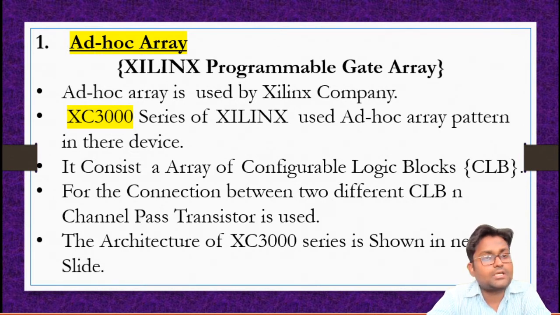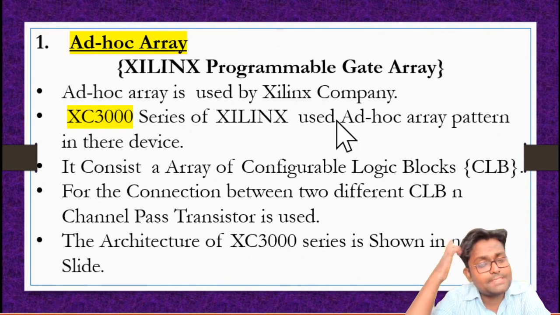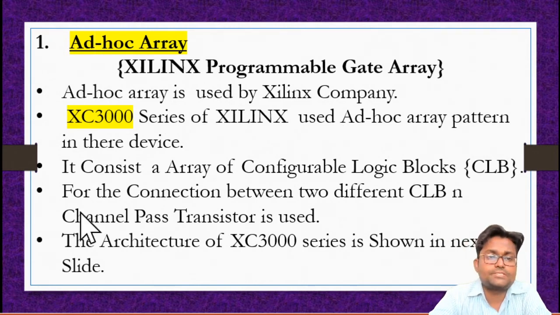Generally, a company known as Xilinx uses a pattern known as ad hoc array. One of the series of Xilinx FPGA, the XC3000 series, follows the ad hoc array pattern. In the ad hoc pattern, some memory elements are there. Generally, they use a configurable logic block.